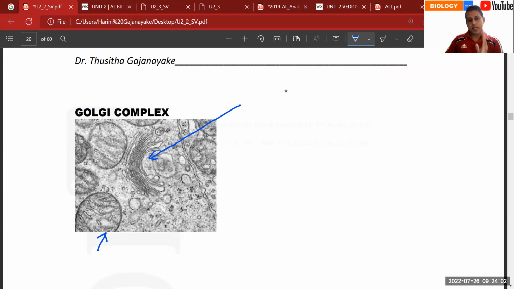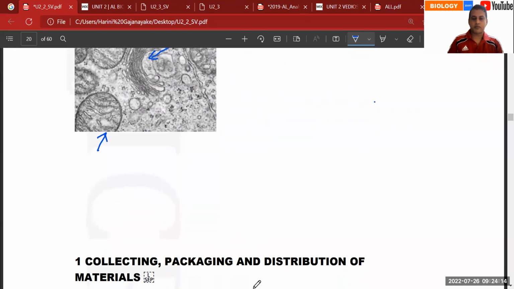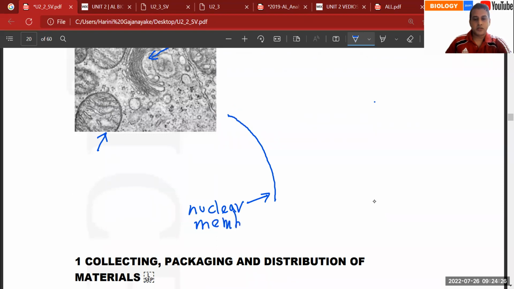Now, how does it exactly look like? Let's say the nucleus is like this, with the nuclear membrane. I don't want to draw a complete nucleus, it's bigger. So this is a nuclear membrane. Located somewhere here, the Golgi complex has a small membrane bound sheet organized like this.